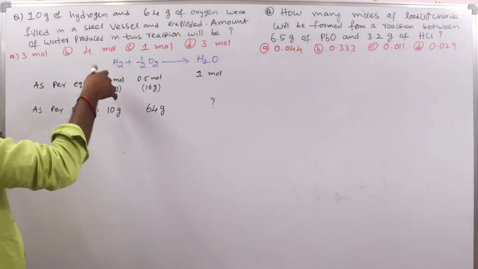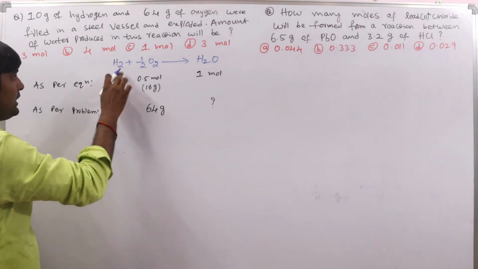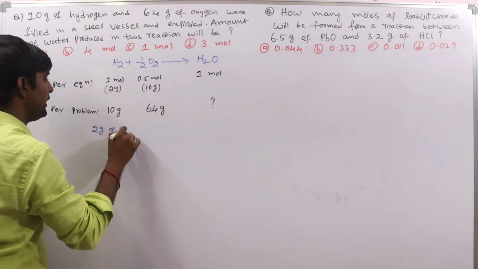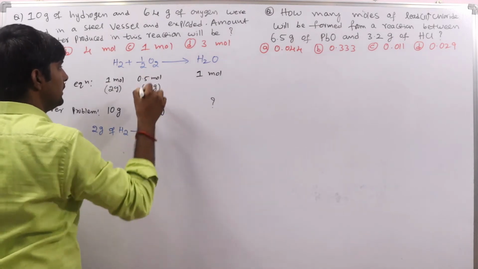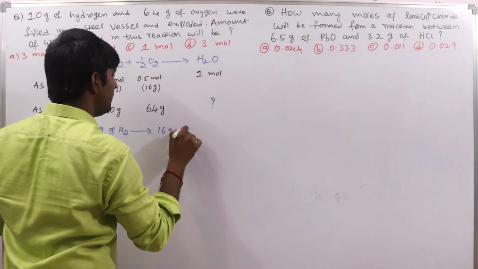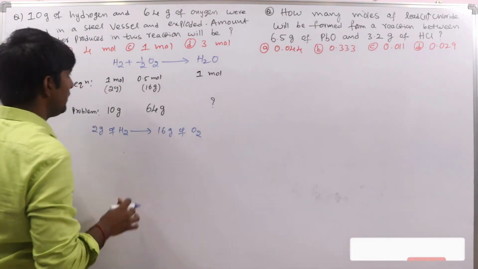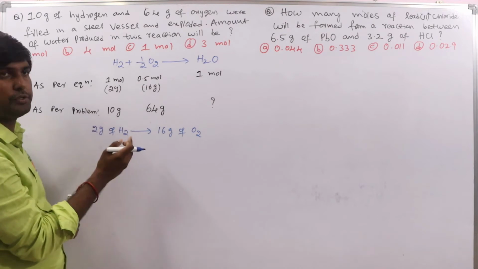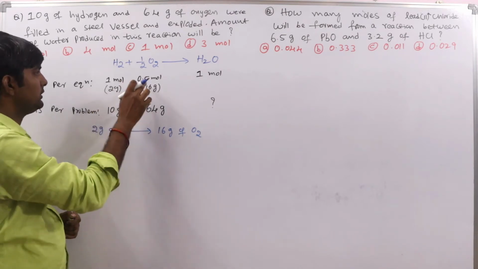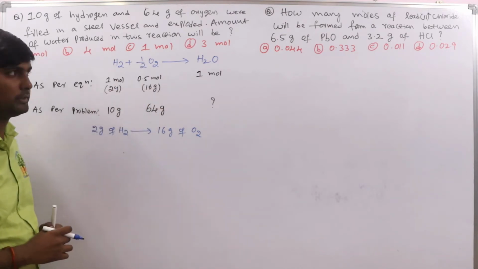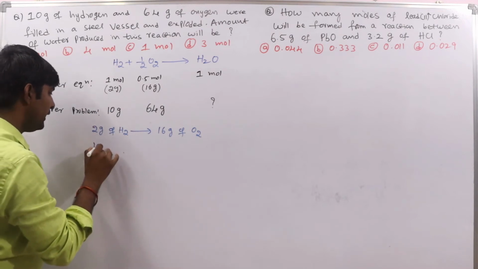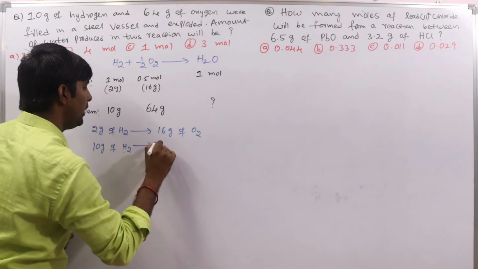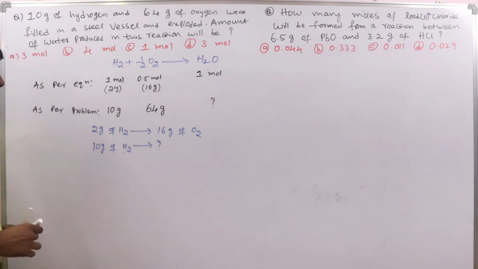See here, from the equation, for the complete reaction between these two, 2 grams of hydrogen requires 16 gram of oxygen. So for 10 gram of hydrogen, how many grams of oxygen is required?